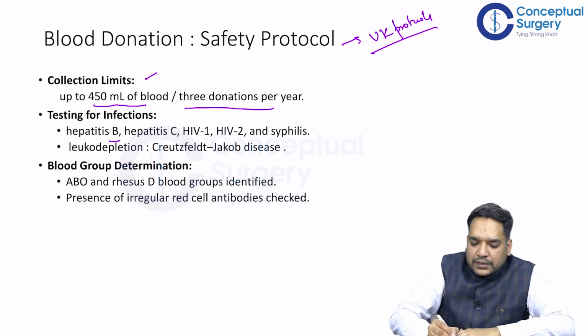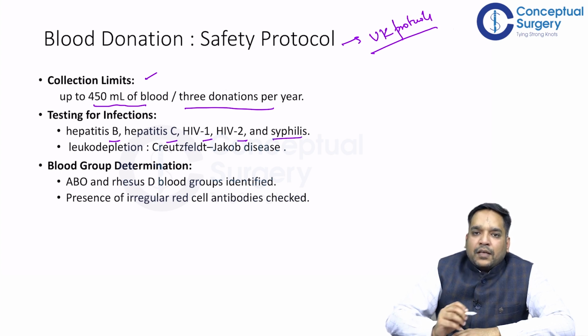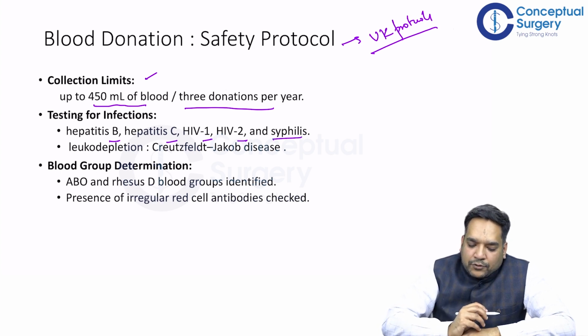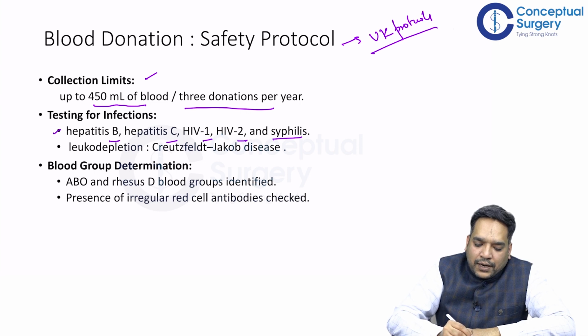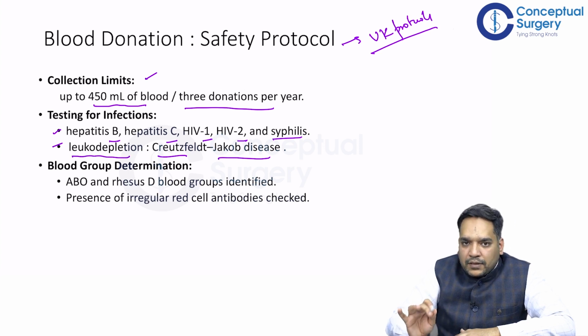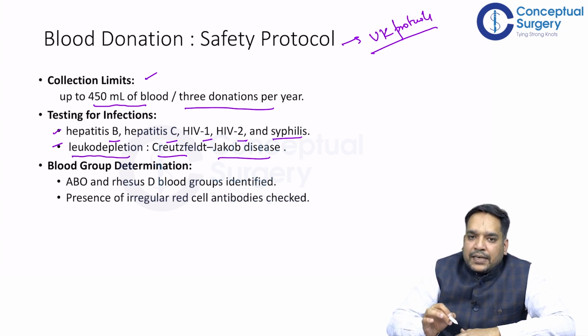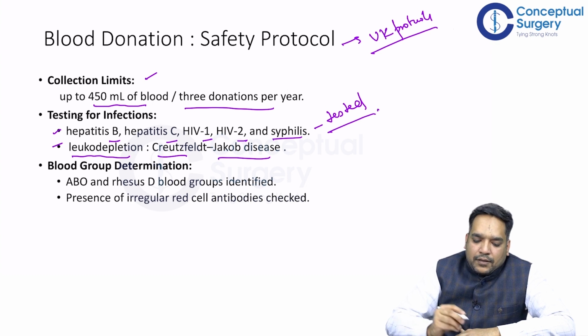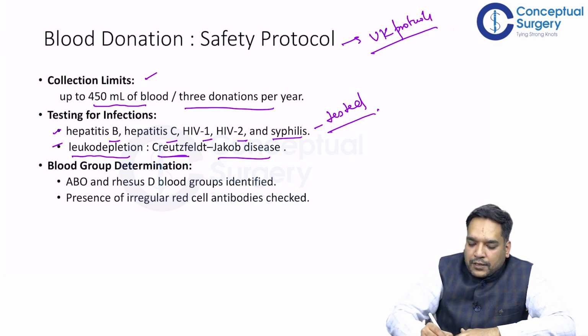Hepatitis B, C, HIV-1, 2 and syphilis are tested, and for Creutzfeldt-Jakob disease, the blood is leukodepleted, right?